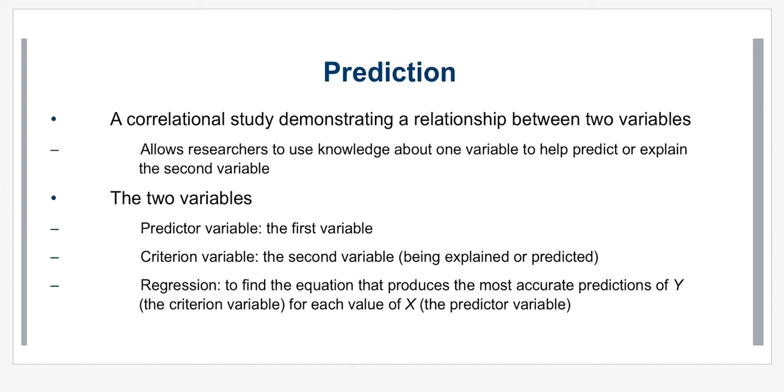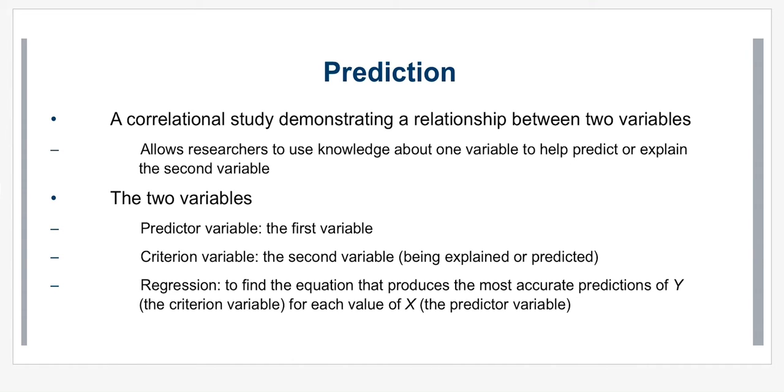What we mean by that is the variable that's doing the predicting, and then the variable that's being predicted or explained. In the example we talked about, high school SAT scores would be our predictor variable, and colleges are using that to predict the criterion variable, which is the college GPA or the performance in the college classes.